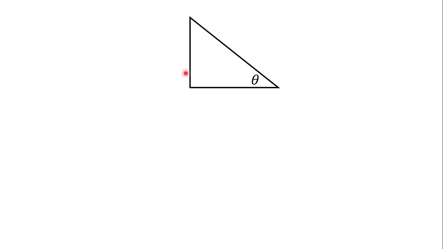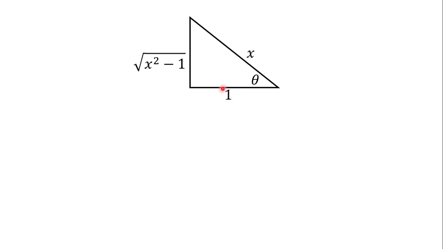So to find this side, it is x squared minus 1 squared, and that will give us x squared minus 1. So this side is equal to the square root of x squared minus 1. Okay, so that is this side here. And as I said, our x is coming here, so there is our x here, and there is our 1 here.